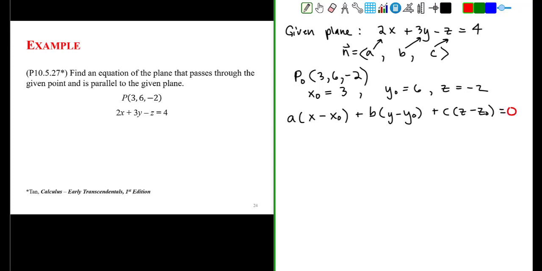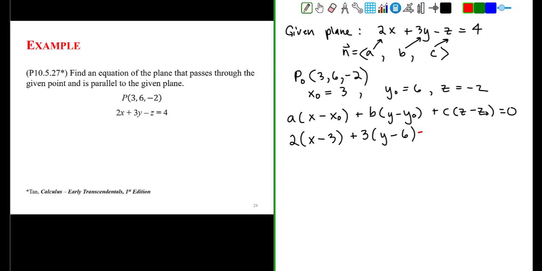Let's plug in the values we have for this standard form of the equation of the plane. A is equal to the coefficient in front of the x term in our given plane. So this will be 2(x - 3) + b(y - 6) + c(z - (-2)), and c is equal to minus 1 since it's the coefficient in front of our z variable.